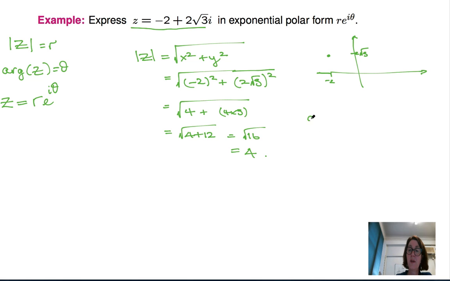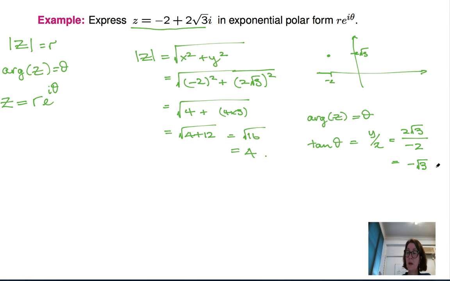Okay, so the argument of the complex number is theta, where tan theta equals y over x. So our y now is 2 root 3, and our x is minus 2, so this is going to be minus root 3.